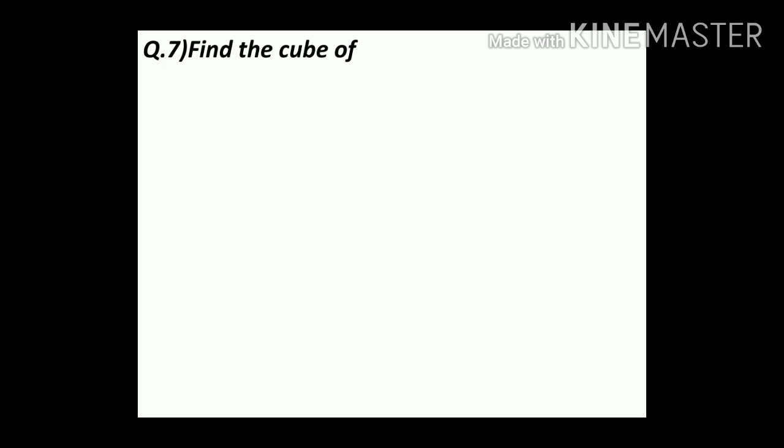Question number 7. Find the cube of minus 2 upon 5. Here children, we have to find the cube of minus 2 upon 5. For finding the cube of any number children, we have to multiply by itself number 3 times. Then we get cube of that particular number.